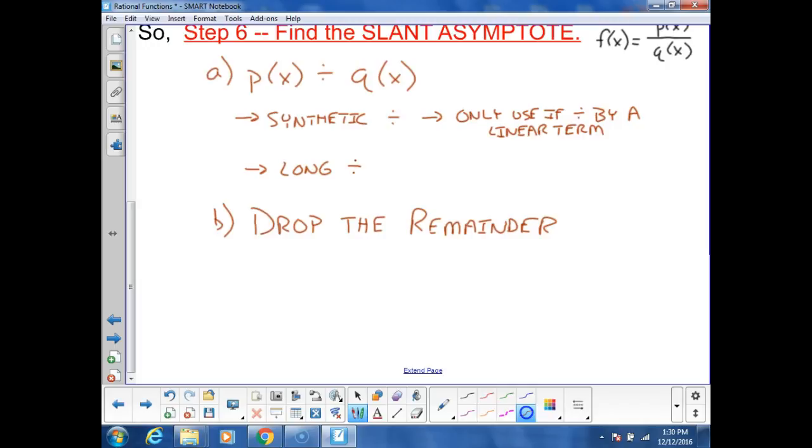Because we're dealing with asymptotes, and asymptotes deal with what the function is doing at the extremes, at positive infinity and at negative infinity. At those extremes, that remainder is going to be putting one extra grain of sand onto the beach.